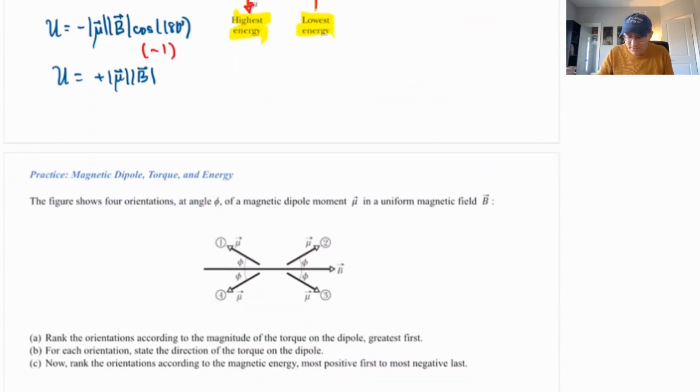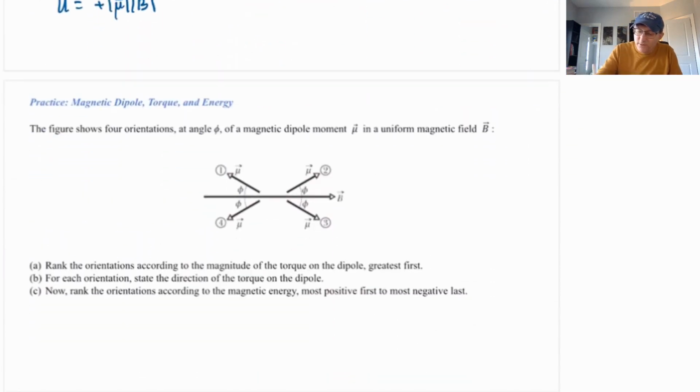Okay, so I will just leave you with a little bit of practice for class engagement. Very similar to something we talked about in the electrical case with an electric dipole in an electric field. Now we have a magnetic dipole in a magnetic field.